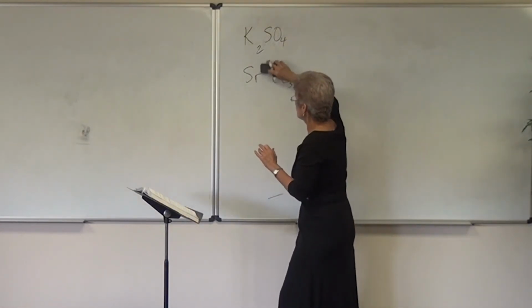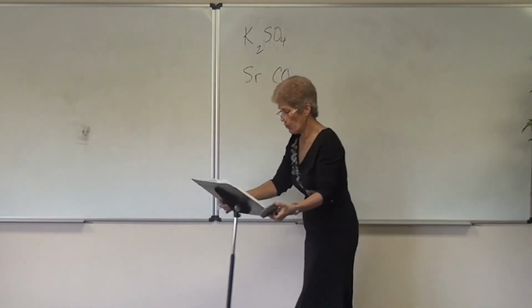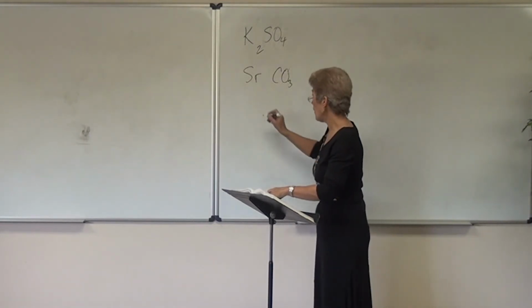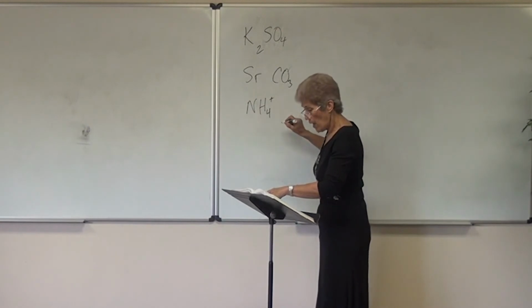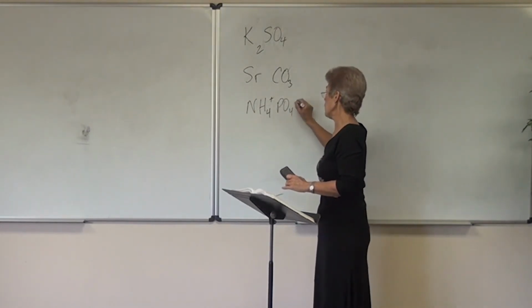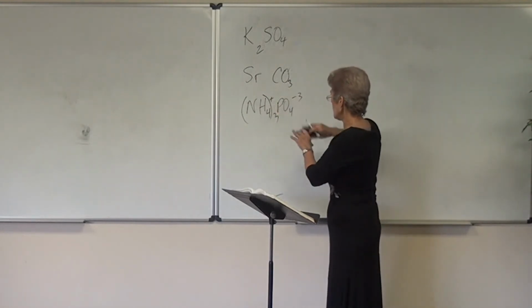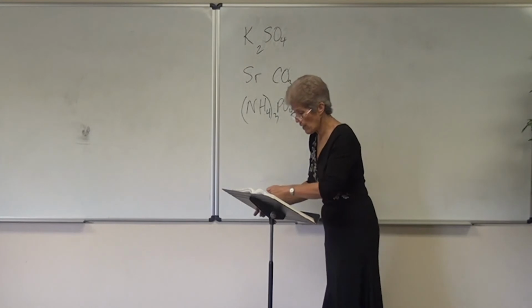You just lose the numbers because it's a 1-to-1 relationship. Don't put the 2's there, that'll be wrong. Ammonium phosphate: ammonium NH4 +1, phosphate PO4 -3. This one gets the 3, this one gets the 1. So you put parentheses with your 3, and you're done.